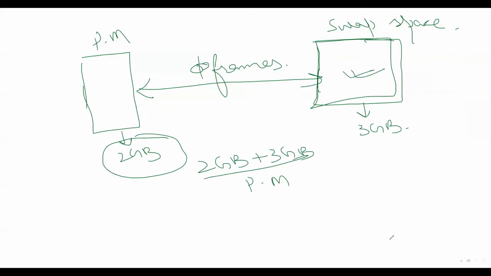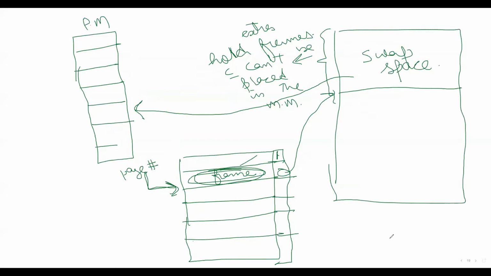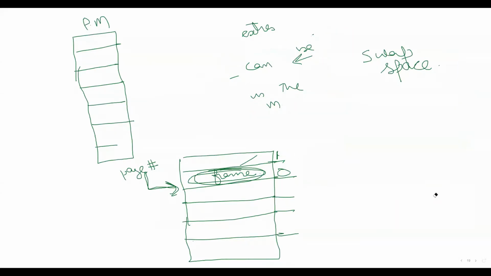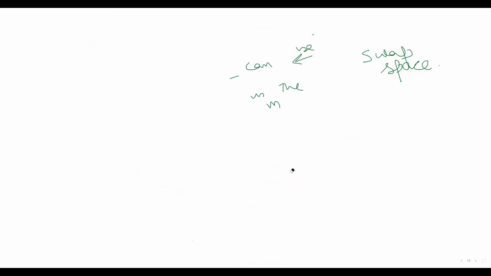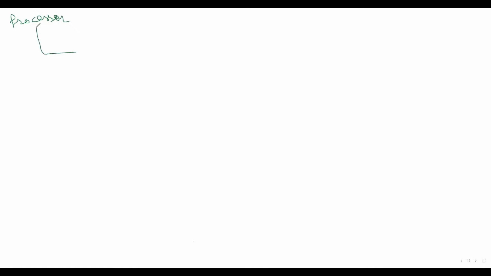Okay. Now comes another concern. So now let's discuss another thing here. For example, my processor sends a virtual address. Virtual address means that it has to access memory.